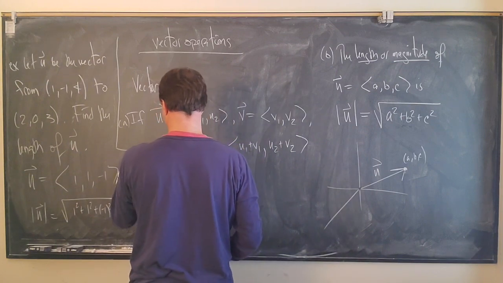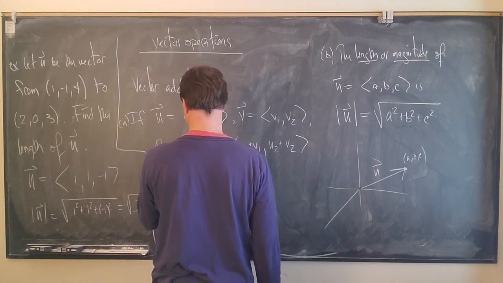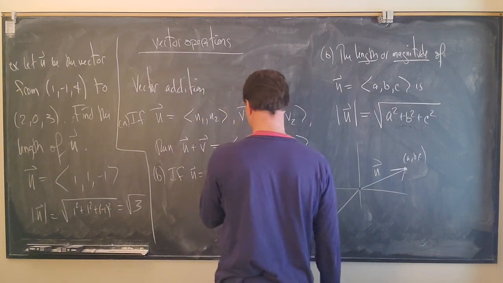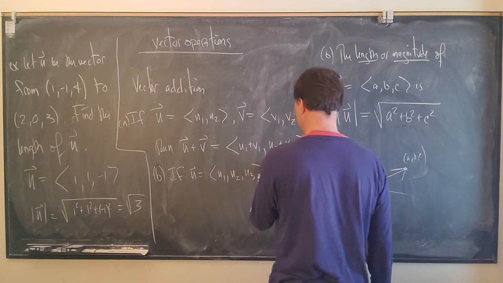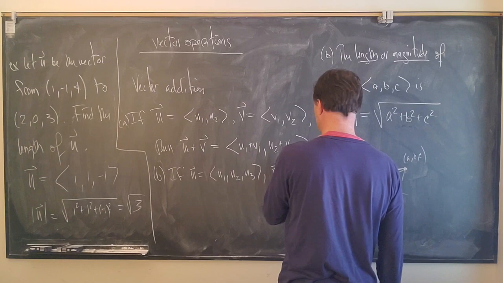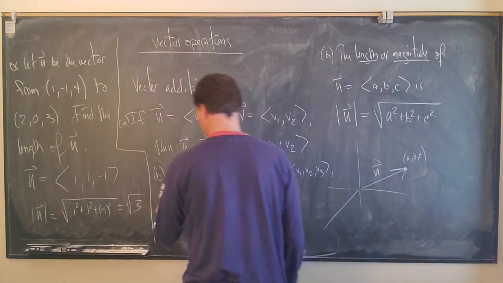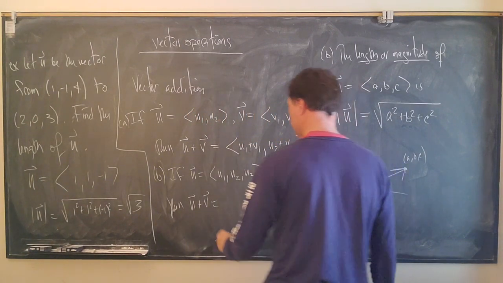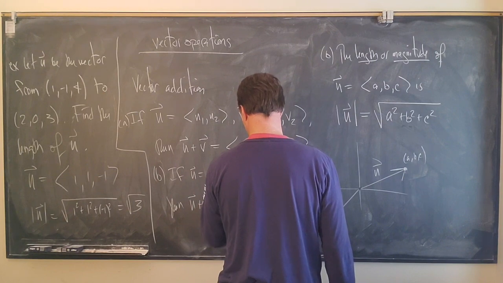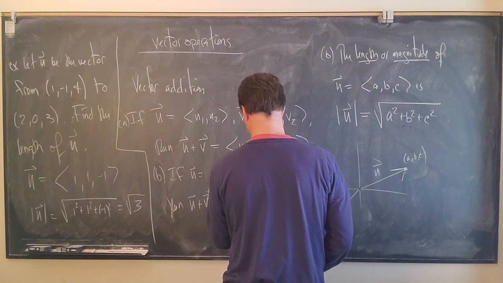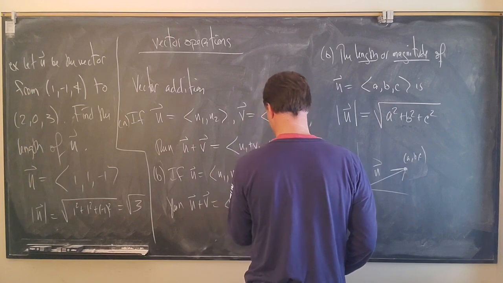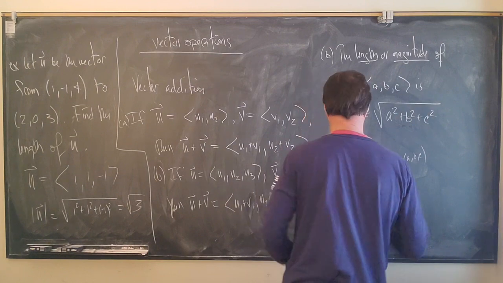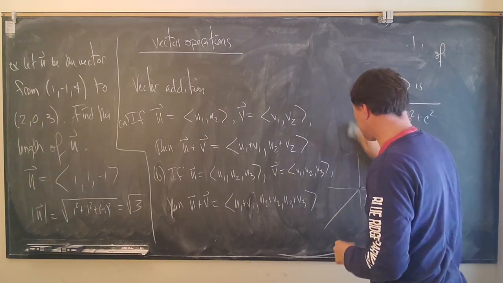If u is the vector with 3 components, u1, u2, u3, and v is the vector v1 comma v2 comma v3, then u plus v is going to be the obvious thing: u1 plus v1, comma u2 plus v2, comma u3 plus v3. So that's the sum of 2 vectors.